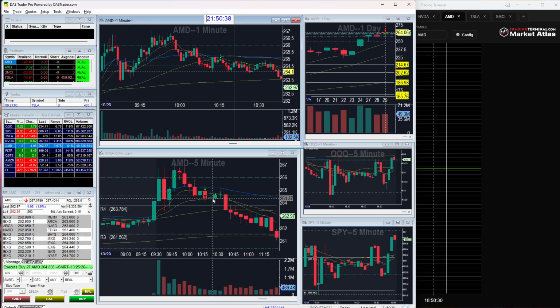I entered here, my stop loss was somewhere around VWAP, and then I waited, and I chickened out so early and exited here. This turned out to be pretty much a break even trade as well.